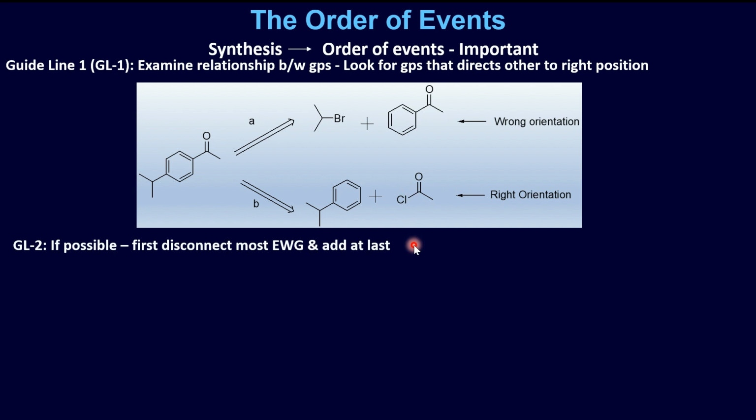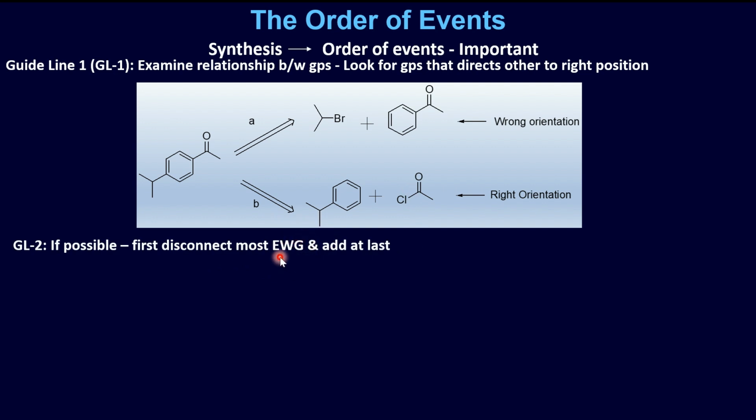Whenever there is an electron withdrawing group, what should we do? Guideline 2 says about this. Whenever there is a possibility, disconnect the most electron withdrawing group at the first stage and add it at the last stage. Why is it to be done?